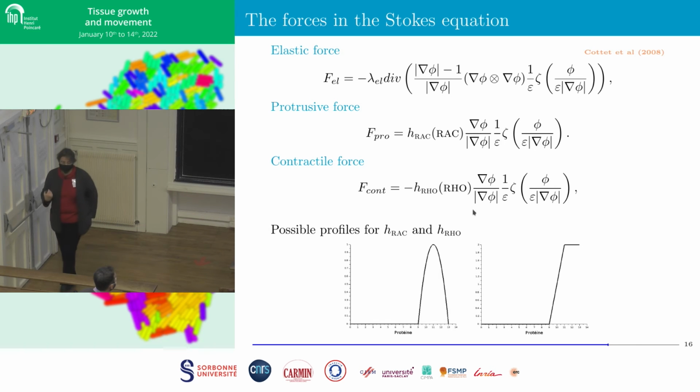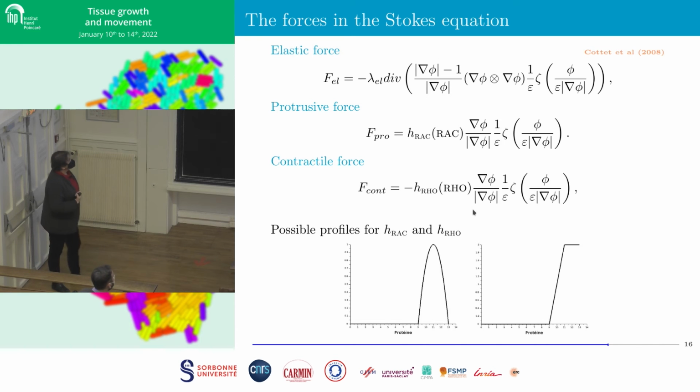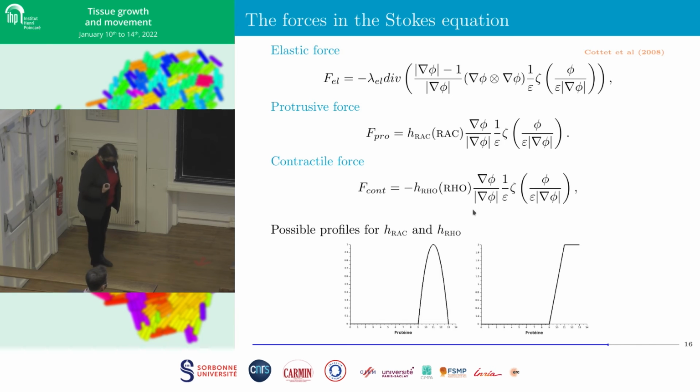One force is the elastic forces. The elastic forces took the form that we can find in the work of Côté Maître in a paper of 2008. So it depends on the level set function phi and is located in the neighborhood of the cells.